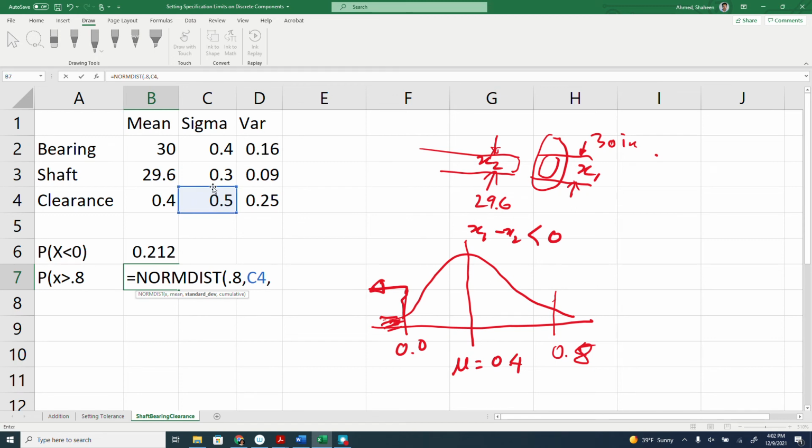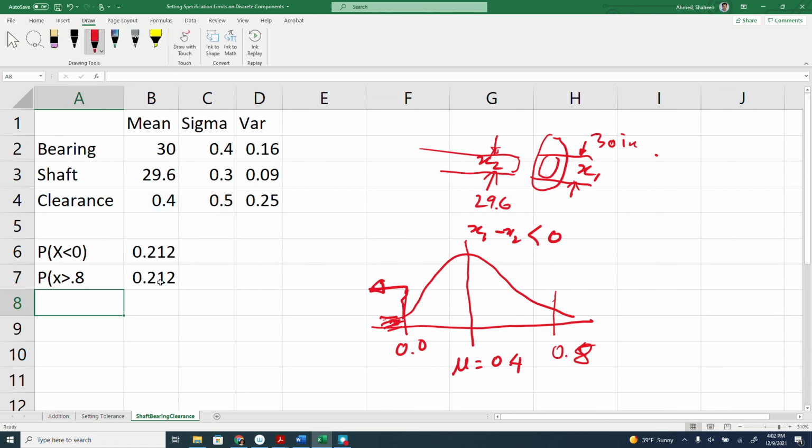Oops, I think I should select this one for the mean, and this one for the standard deviation, and then cumulative. That will give me all the area up to this point from the left. So what I want is 1 minus that, so 1 minus this.